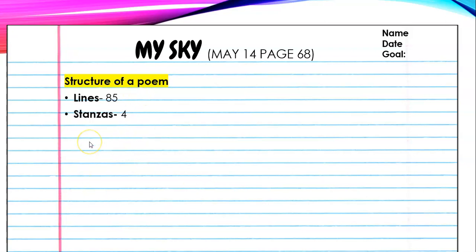So great job if you said there's 4 stanzas. So if there's 4 stanzas, how many line breaks are there in total? So there's 4 stanzas. There's always one less line break because remember, we don't count the last one. So how many line breaks are there? 3. So good job if you said 3.